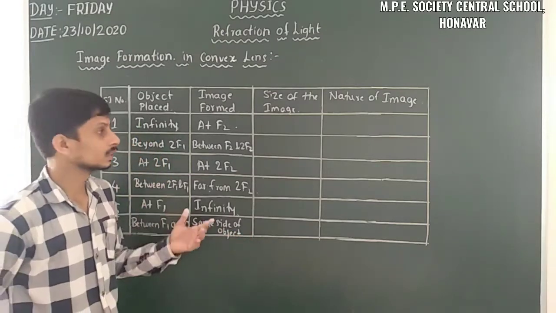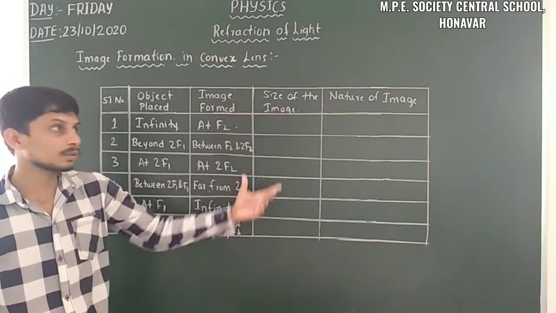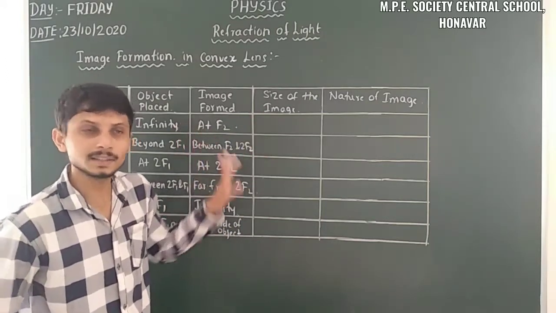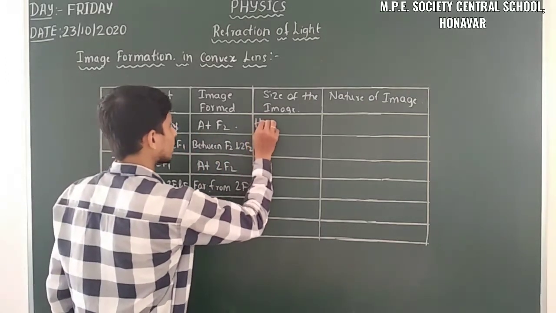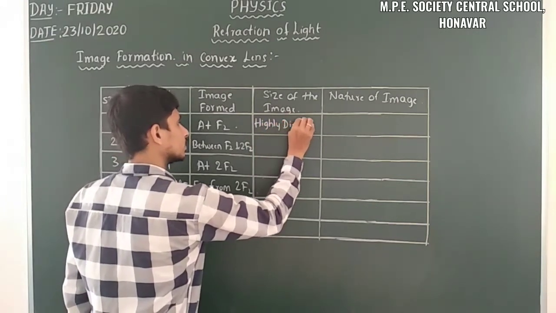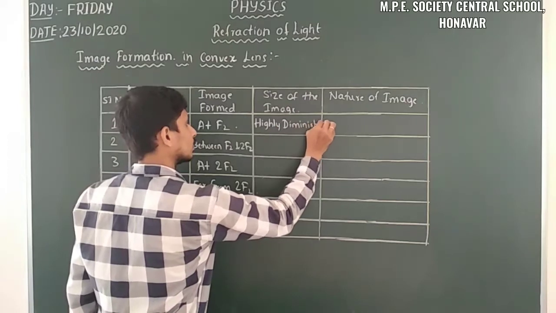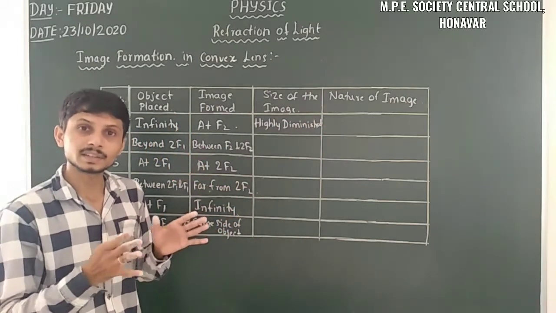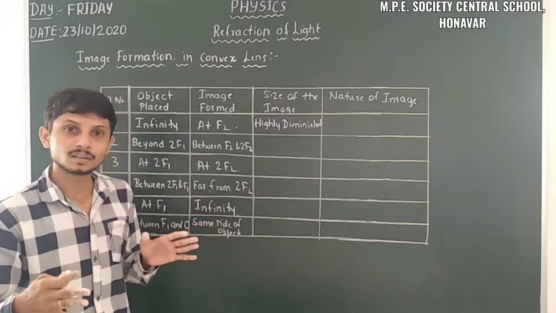After that we have to write the size of the image here. Firstly it is highly diminished. Then the size of the image gets higher.